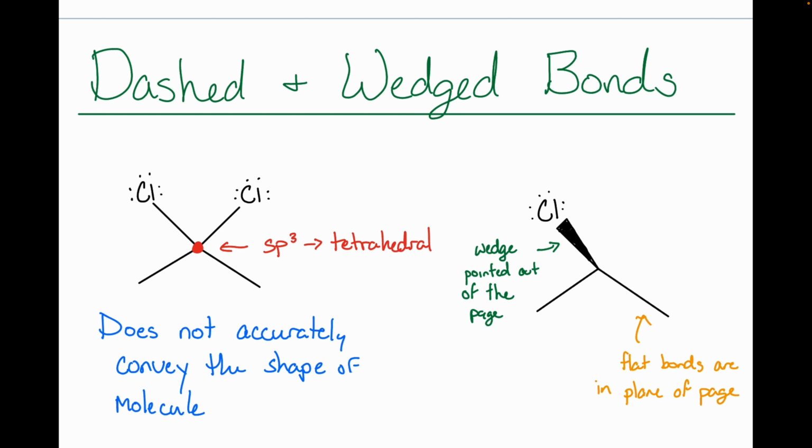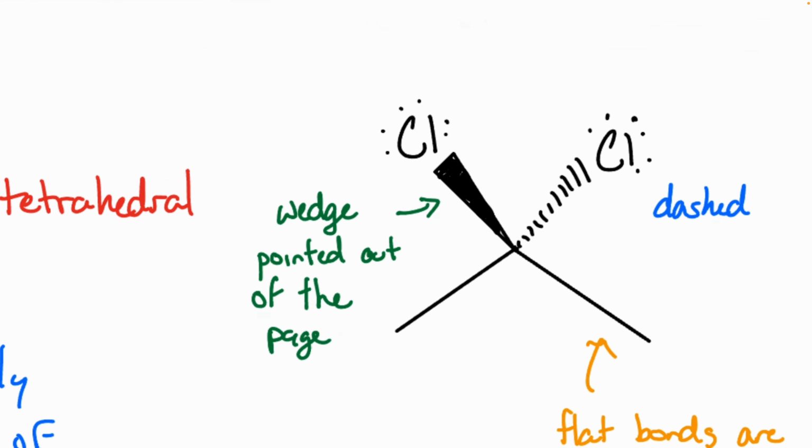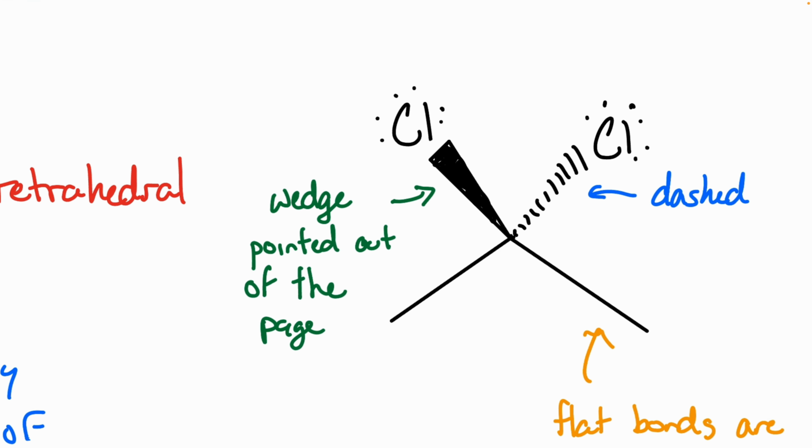All right, so I have 1 chlorine atom sticking out at y'all. The other one is pointed into the page, pointed back at me, and that's what we use these dashed bonds for. These are pointed into the page.